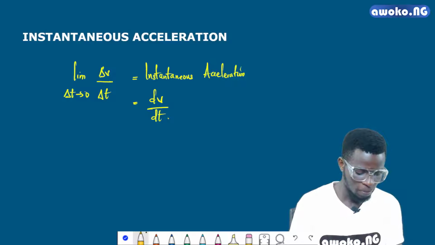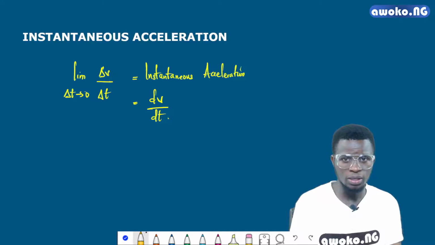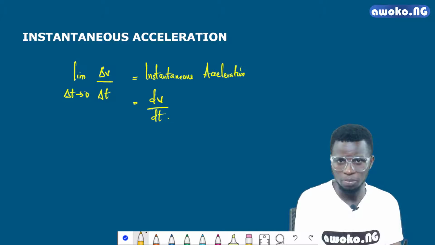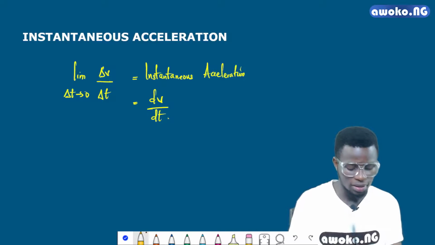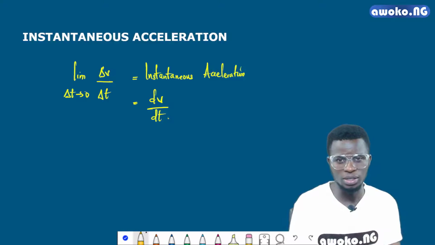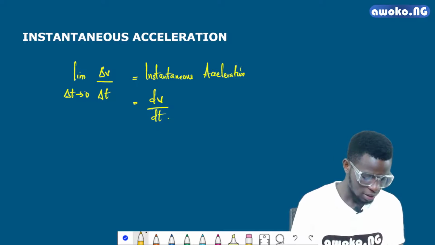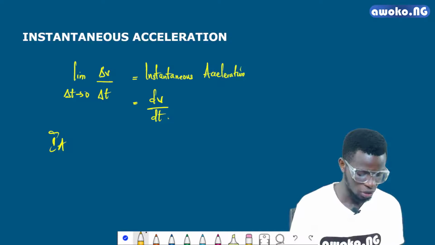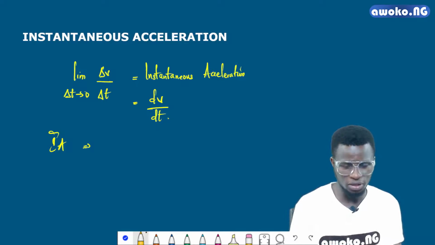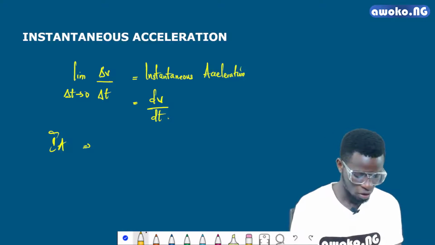Okay, so this implies that if velocity is the derivative of displacement, and instantaneous acceleration is the derivative of velocity, it then shows that the instantaneous acceleration, let me use IA to represent it, is the second derivative of the displacement. I'm sure you understand why I said so, because dv/dt is acceleration.